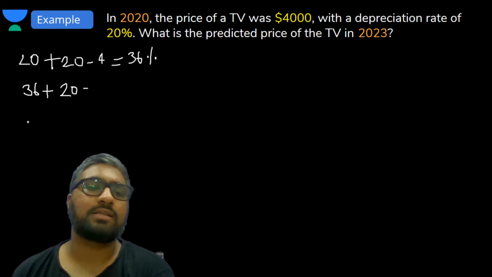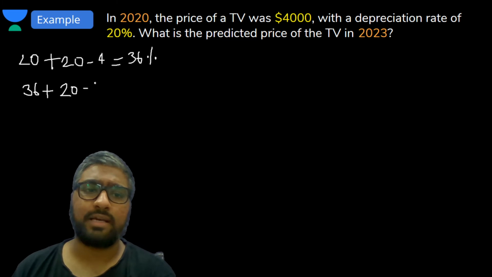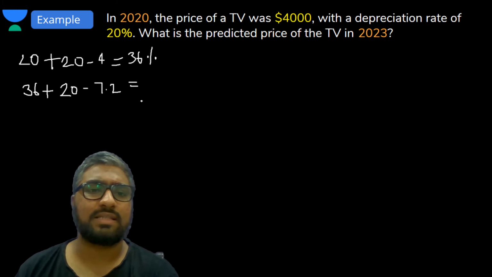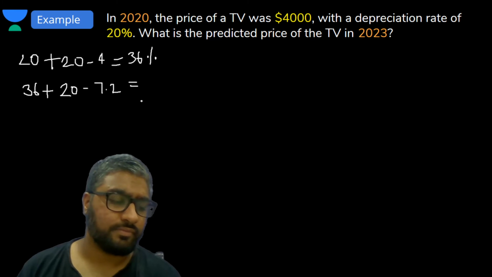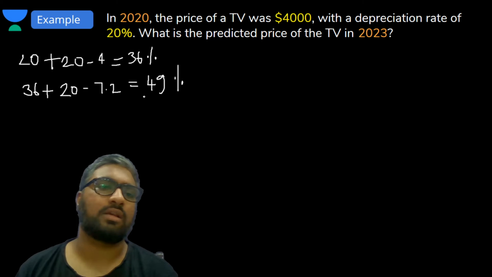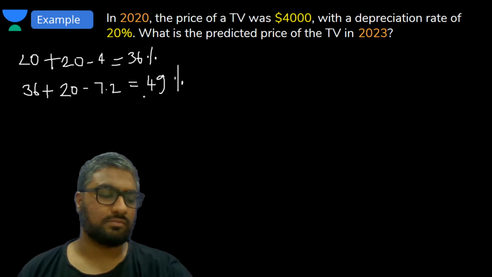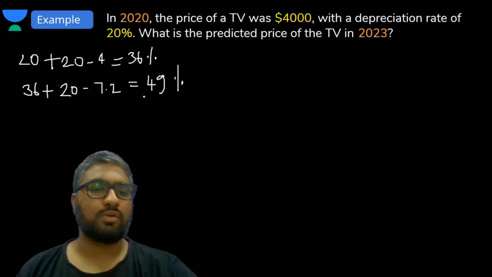Minus 36 into 20 is 720 by 100, 7.2. That would give us 56 minus 7.2, somewhere around 48.8. This would be the effective decay.